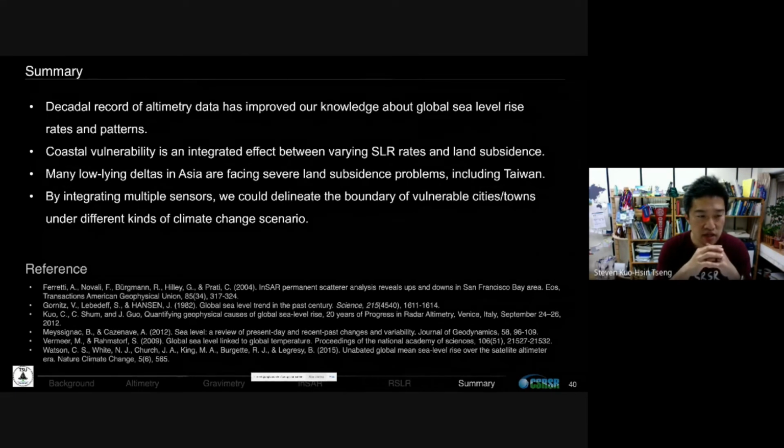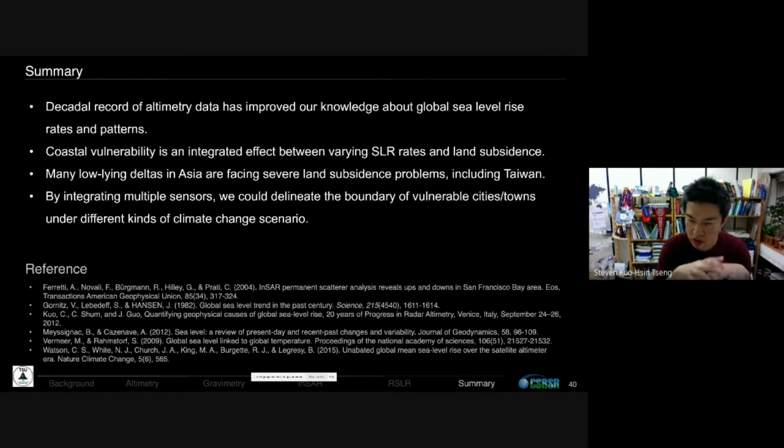The last statement is that by integrating multiple sensors, it's very common that we need a cross-platform of several sensors. We need the altimeters, we need InSAR, we need optical sensors so that we can solve the problem altogether: whether the land sinking is due to land use, whether the coastal erosion is due to sea level change or current change, and so on.